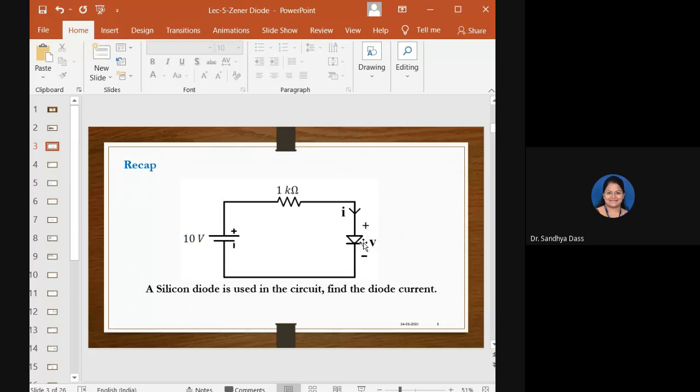This V you can also call VD just to avoid confusion. This V here is given as 10 volts, right? So you need I in the equation. I will be equal to 10 minus 0.7, 0.7 because it is a silicon type of diode, divided by 1K. Am I right?